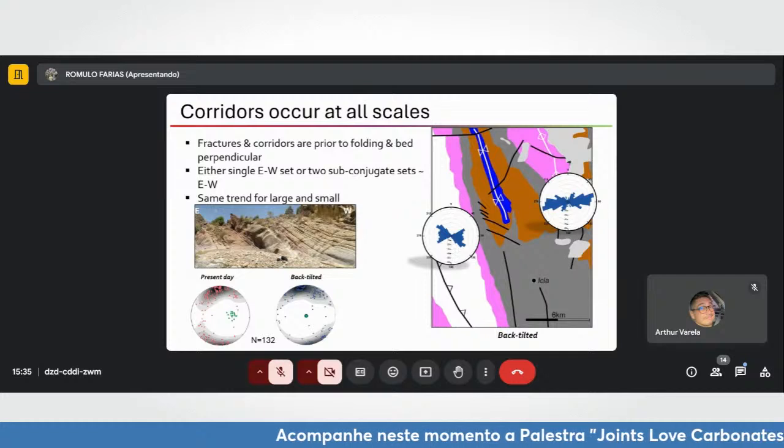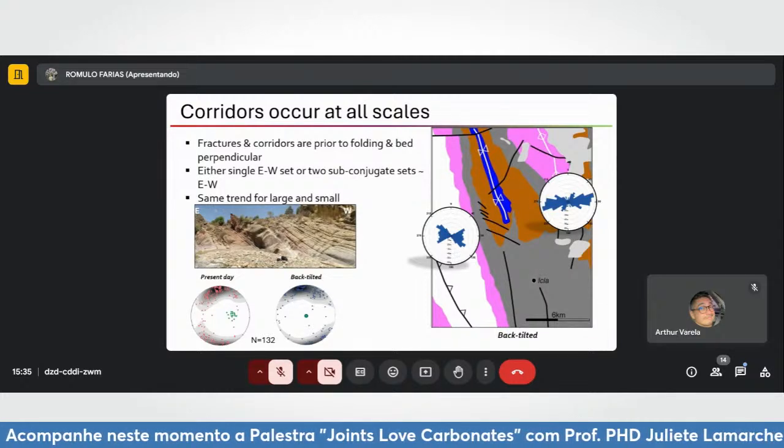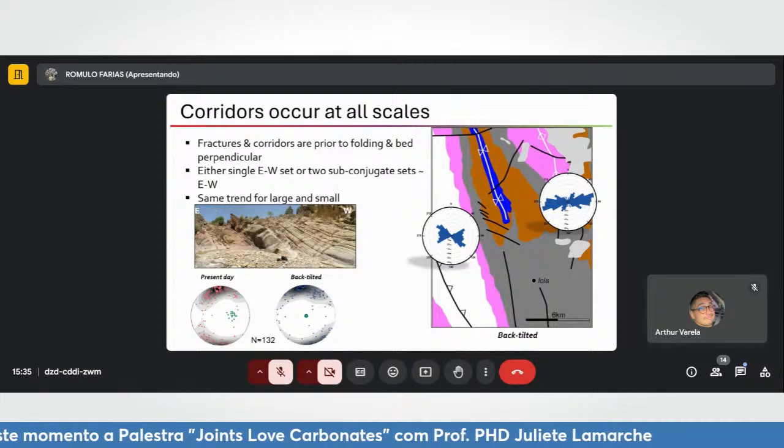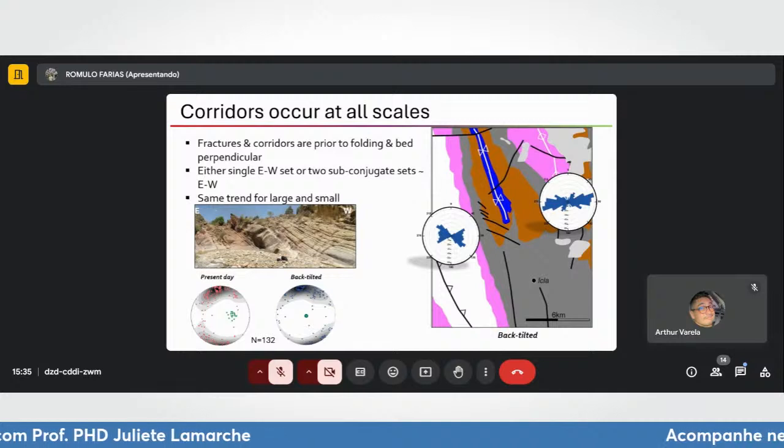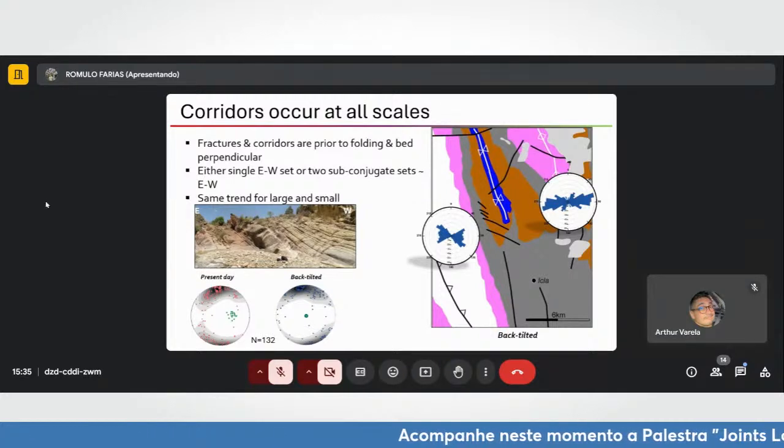What I saw is that, like on this outcrop, we have some corridors, small ones here, and we have diffuse fractures, and fractures and corridors occur before folding. So they have the same timing, more or less. They are perpendicular to the bedding.